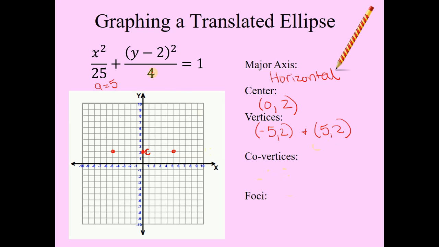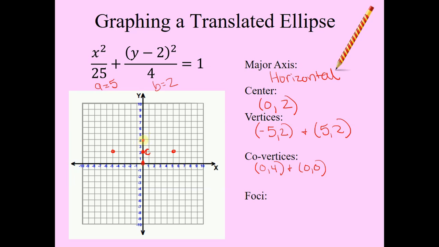My co-vertices, I need my b value, which this is b squared, so b has to be just 2. So that tells me I go 2 in both directions, up and down, so 2 and 2. So I have a co-vertice of 0, 4 and 0, 0.